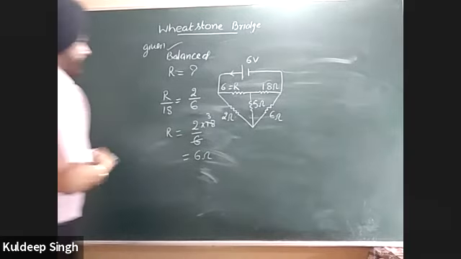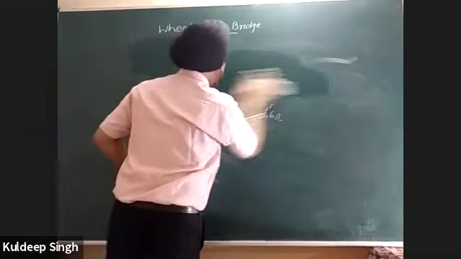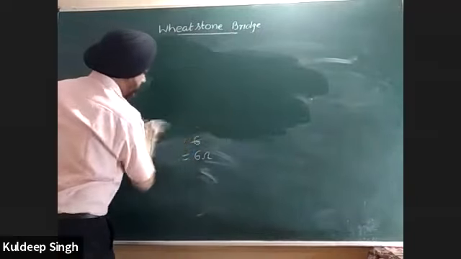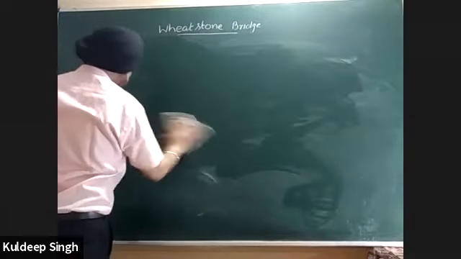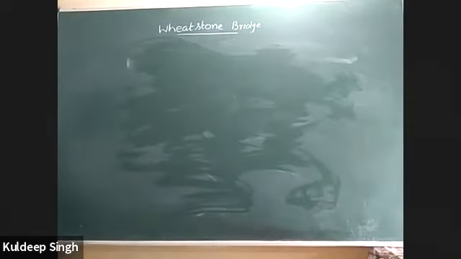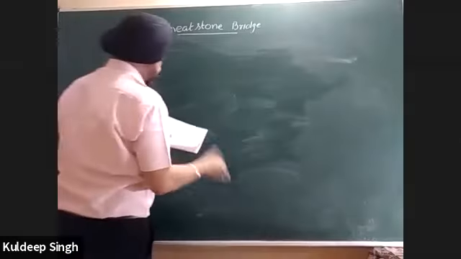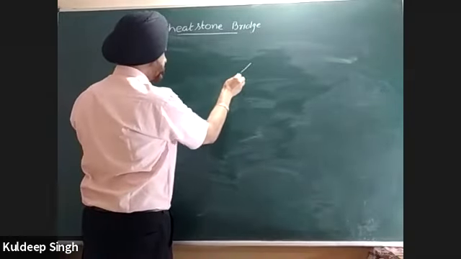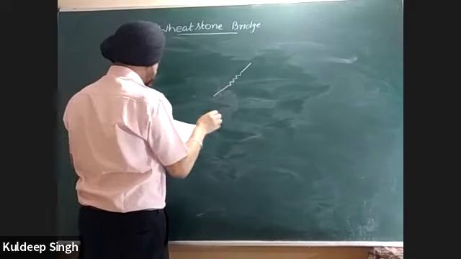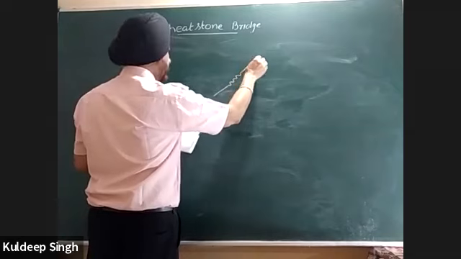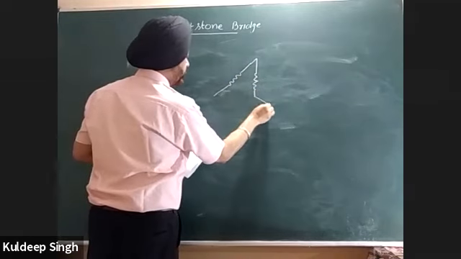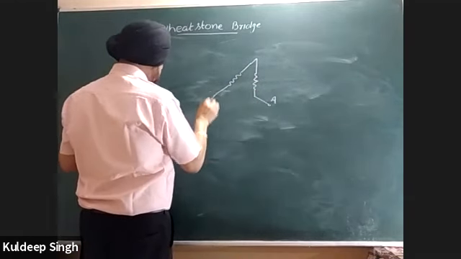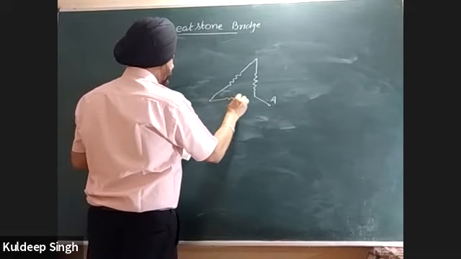Similarly, there is another combination of 5 resistances, which is a Wheatstone bridge. I will draw on the board. So these combinations are, for example, sometimes the question is given this way, and here the resistance, point A, and then another one is there.